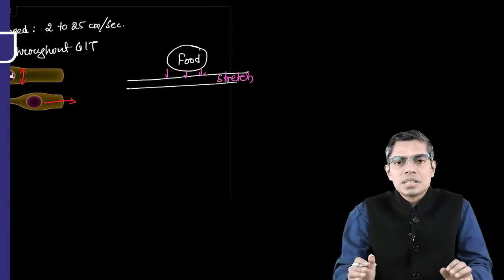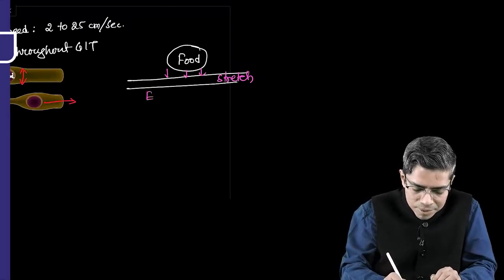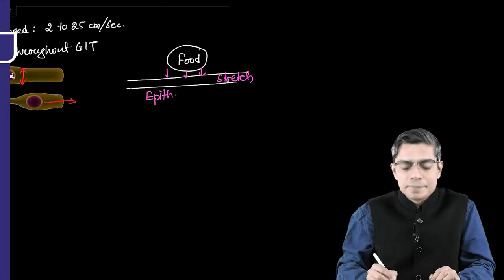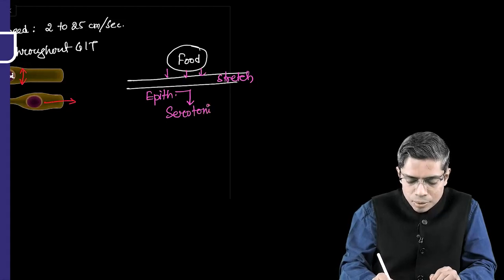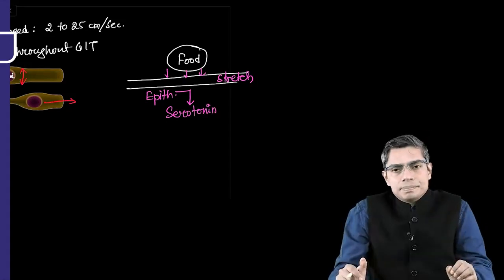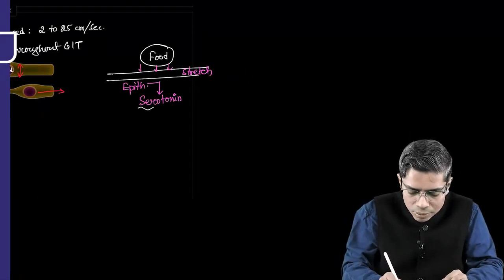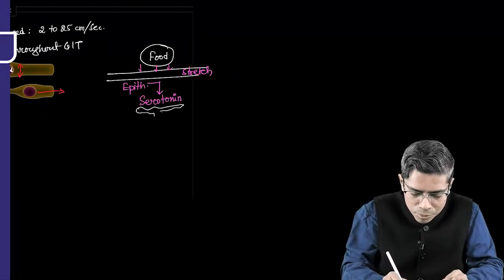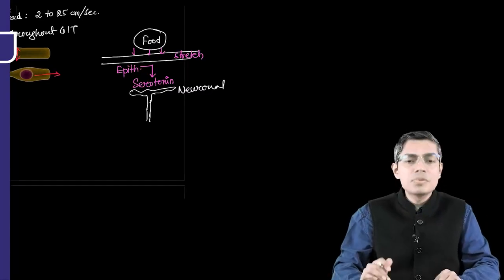Whenever there is stretching of the GIT, what happens? The epithelial cells which are present are going to secrete one neurotransmitter, and that is nothing but serotonin. This serotonin will stimulate the afferent neuronal endings which are present at the mucosal layer of the GIT. So these are the neuronal endings which are present at the level of the mucosal layer.